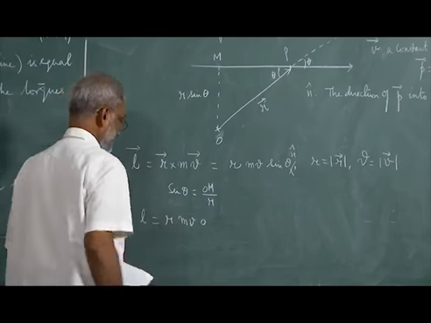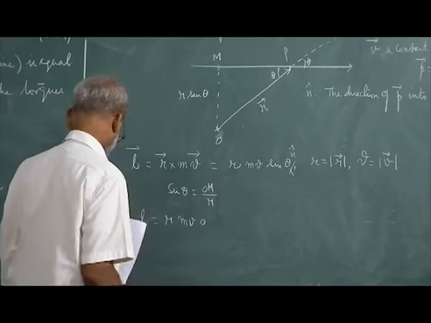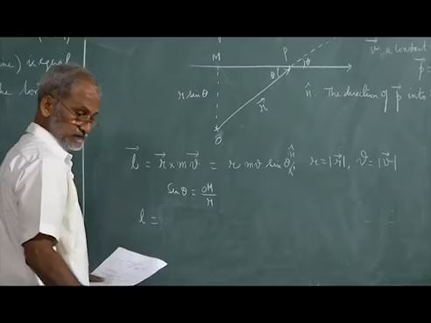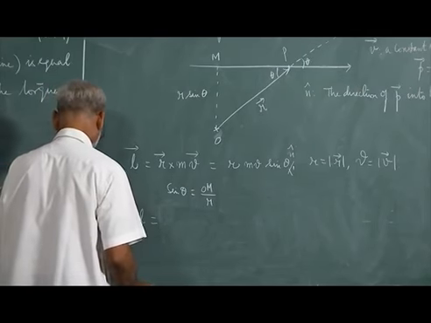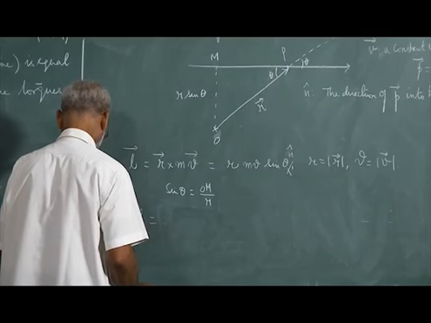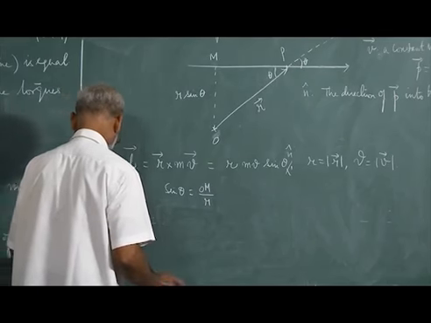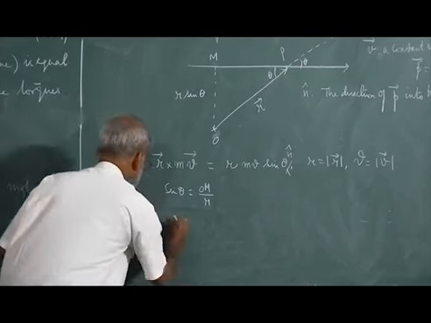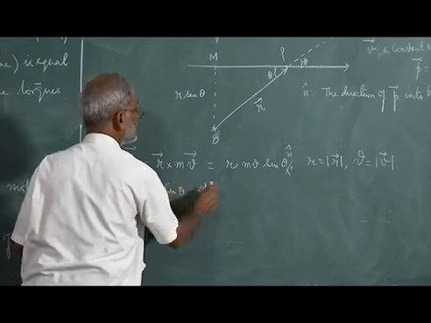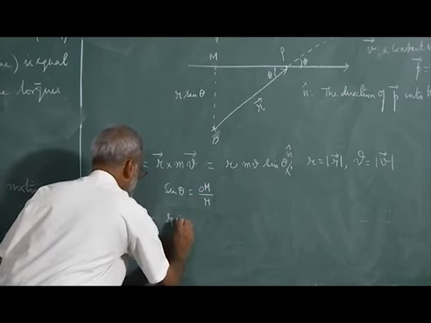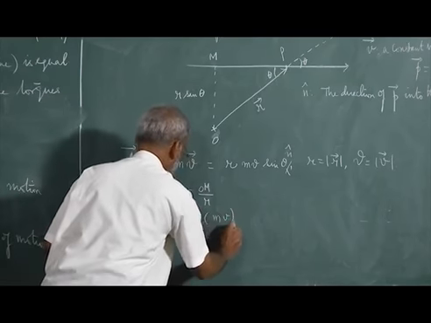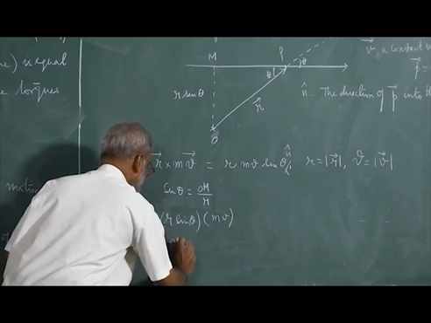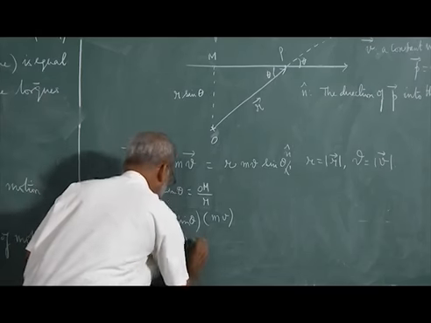Om is r sin theta. So, therefore, I have L is equal to r sin theta, one minute please, Om is r sin theta, yes, I will write it as r sin theta times mv, this is Om times mv.